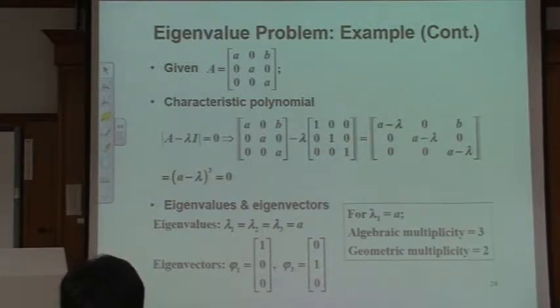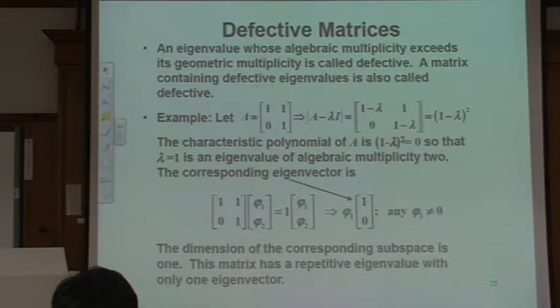And we have geometric multiplicity equal to 2, because these three eigenvalues correspond to only two different eigenvectors, phi 1 and phi 3.